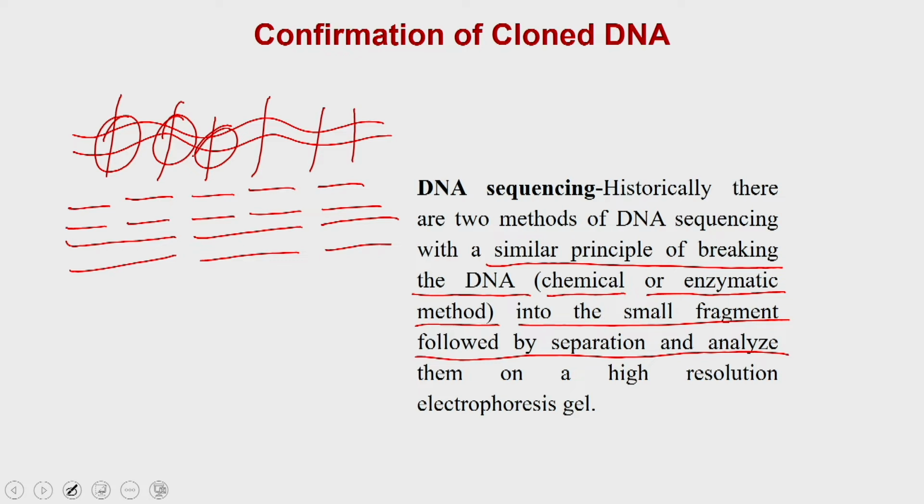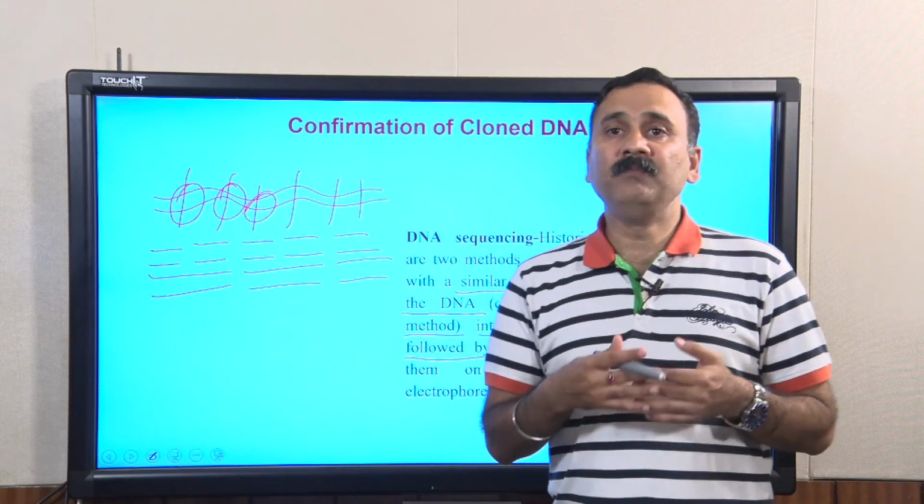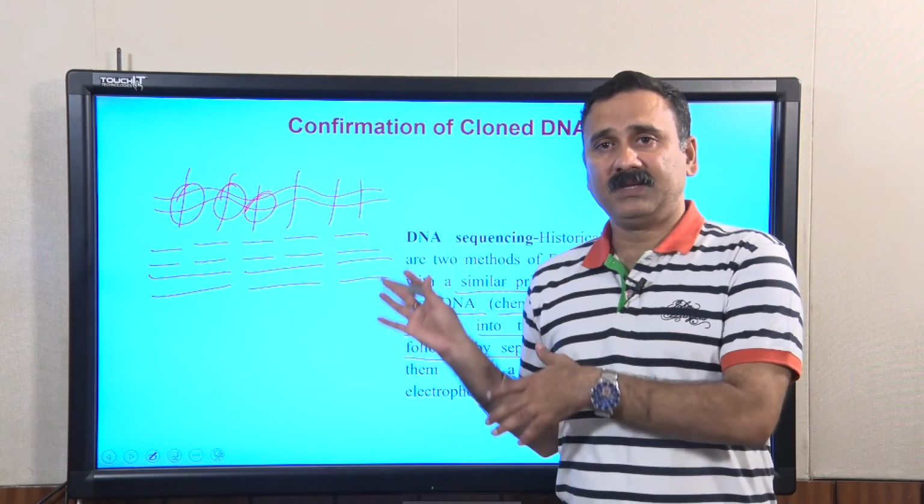So, if you analyze all these fragments you will be able to put them into the right order and that is how you are able to sequence them using these techniques.